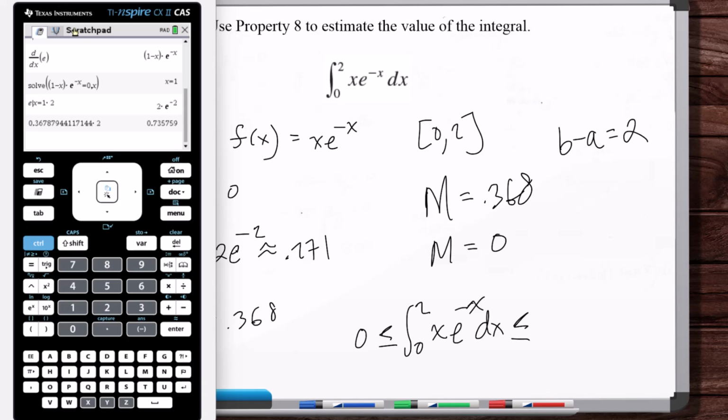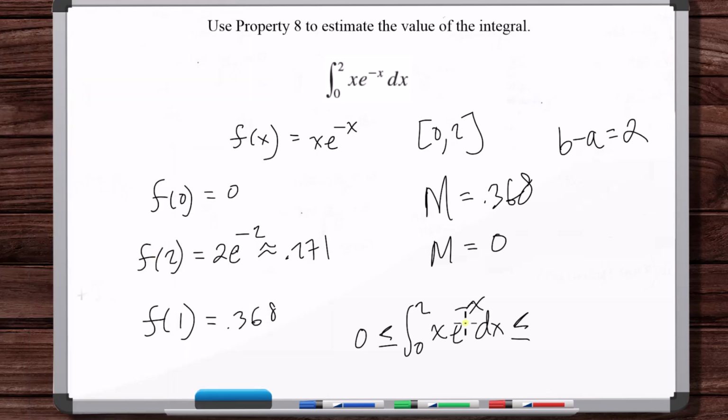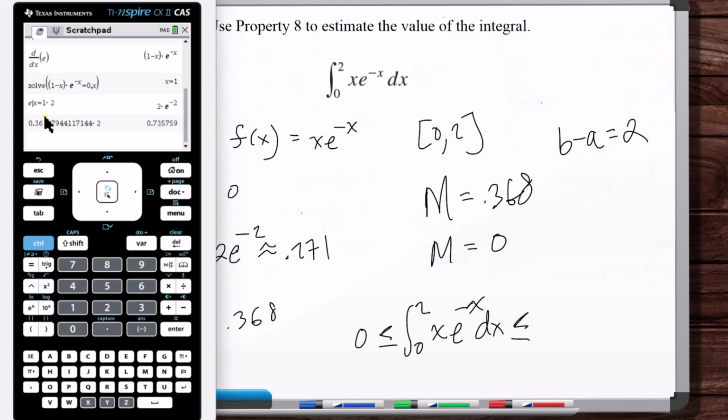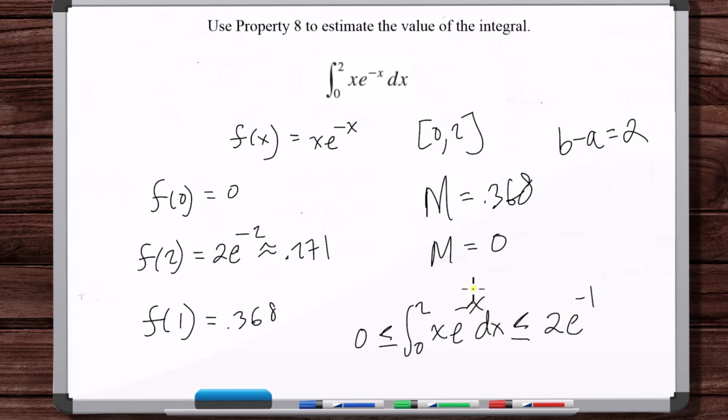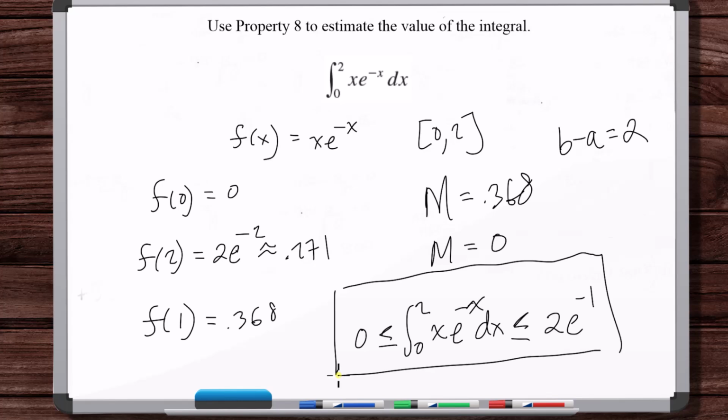So this was f of 1, and that times 2, so 2e to the minus 1. That's the exact answer. So this integral is somewhere in between 0 and 2e to the minus 1.